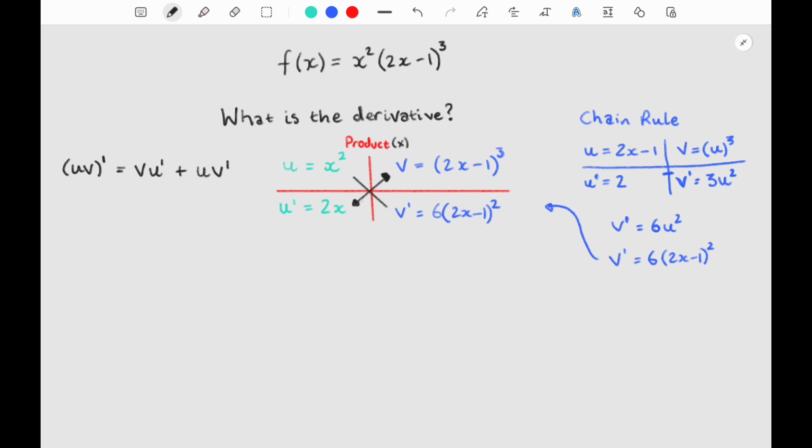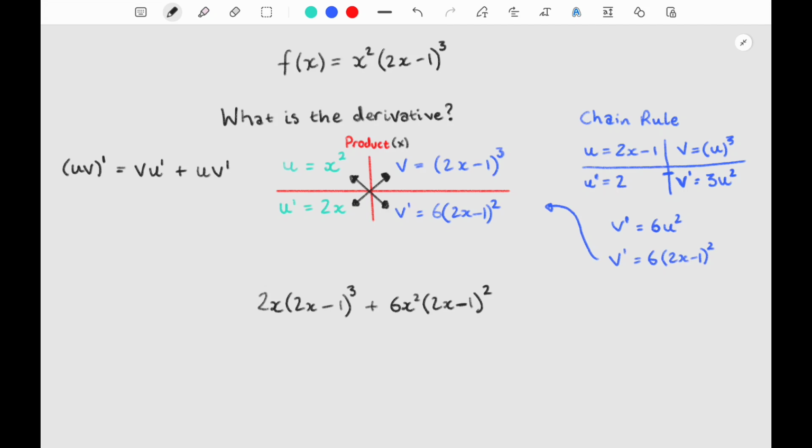So let's start with the two that we have arrows for, multiplied together. 2x multiplied by the 2x minus 1 cubed. And we're going to add to that the multiplication of these two, which is the x squared multiplied by 6, so we'll make that 6x squared, 2x minus 1 all squared. And this is essentially it.